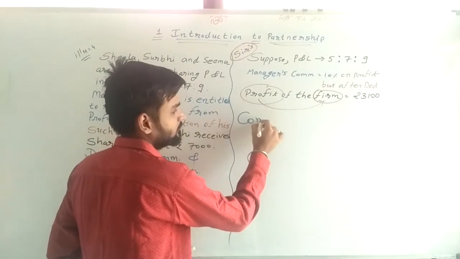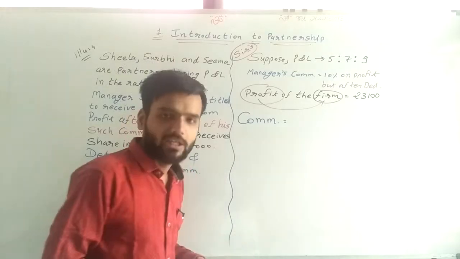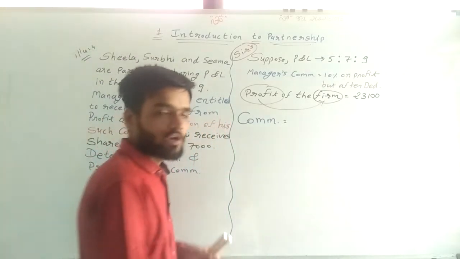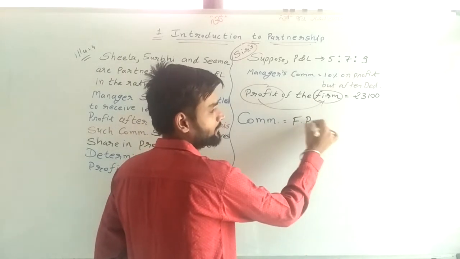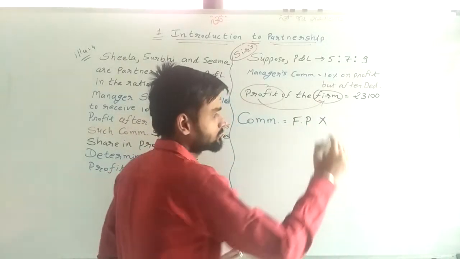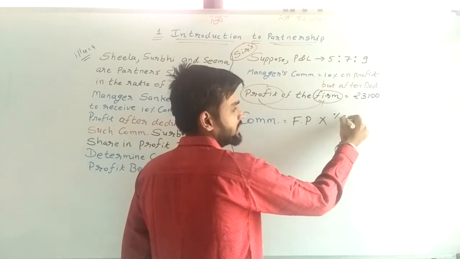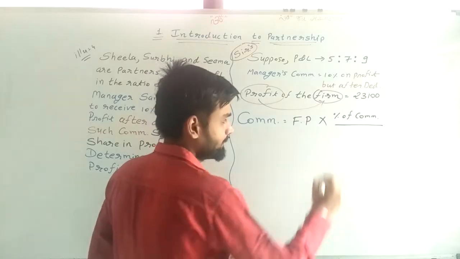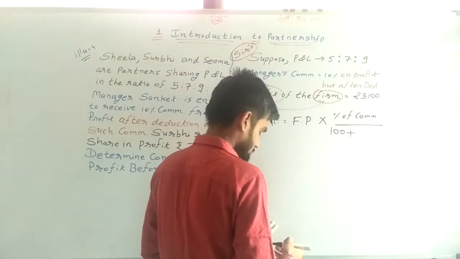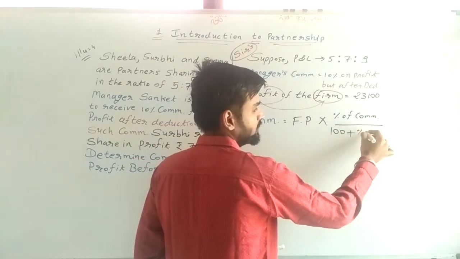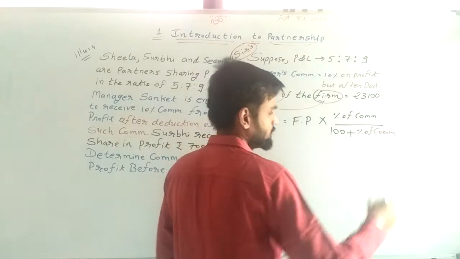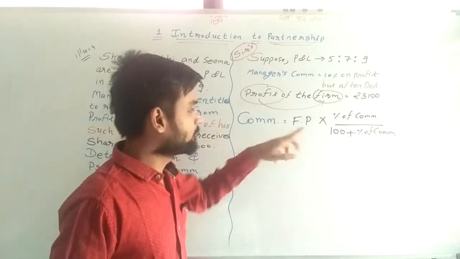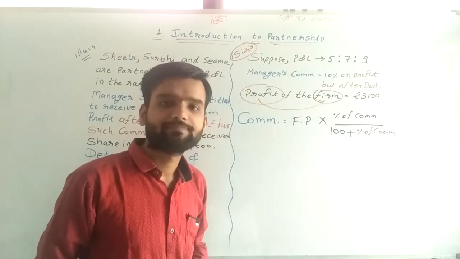Commission is equal to firm profit into percentage of commission divided by 100 plus percentage of commission. We use this formula here because the firm's profit is available.